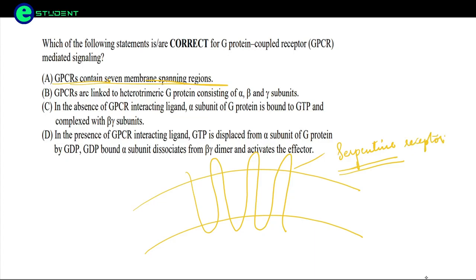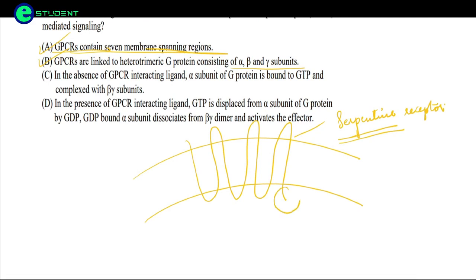GPCRs are linked to heterodimeric G protein consisting of alpha, beta, gamma subunits. Yes, this is also the correct option because here it will be linked to a heterotrimeric protein which has alpha, beta and gamma subunits. Next: in the absence of GPCR interacting ligand, the alpha subunit of G protein is bound to GTP and complexed with beta gamma subunit.